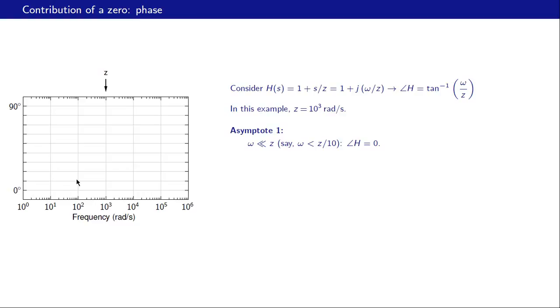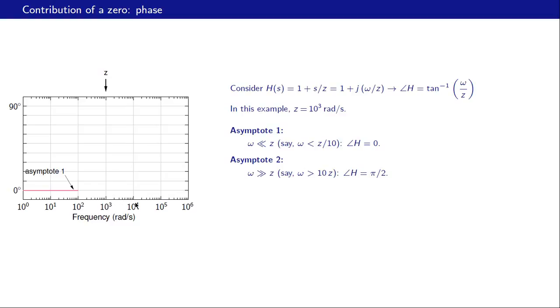What is angle of H in this case? So this is tan inverse 0.1 or smaller, and we will approximate that as 0. So that is our first asymptote. The phase is 0 up to z by 10, that is 10 raised to 2 radians per second. Asymptote 2 now, which corresponds to omega much larger than z, say omega greater than 10z.